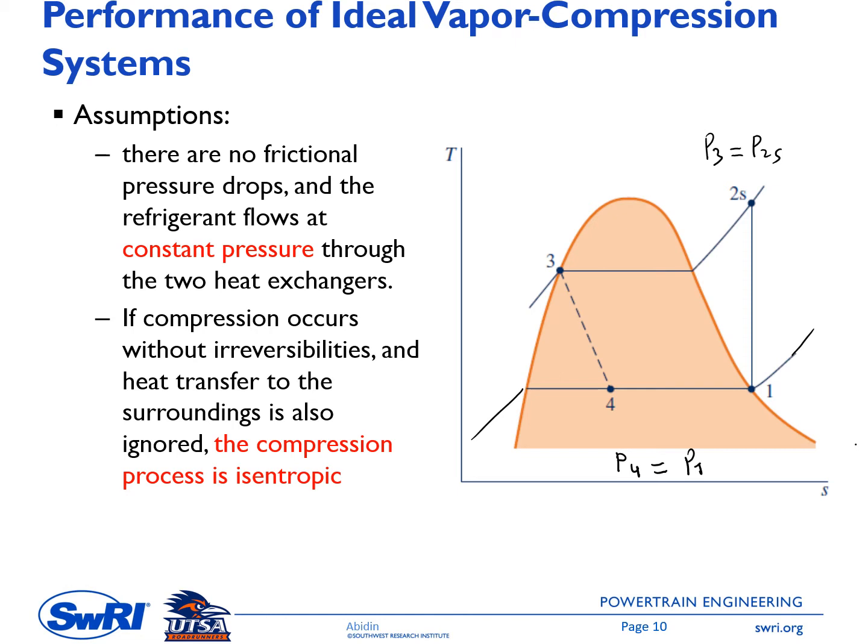Therefore we have a straight vertical line connecting state 1 to state 2S. Once again, this is if there is no irreversibility. In case we have irreversibility, then you will have a dashed line here going to the right of the current solid line.